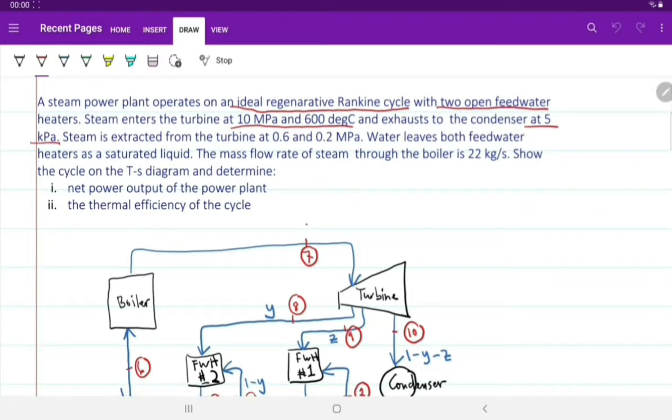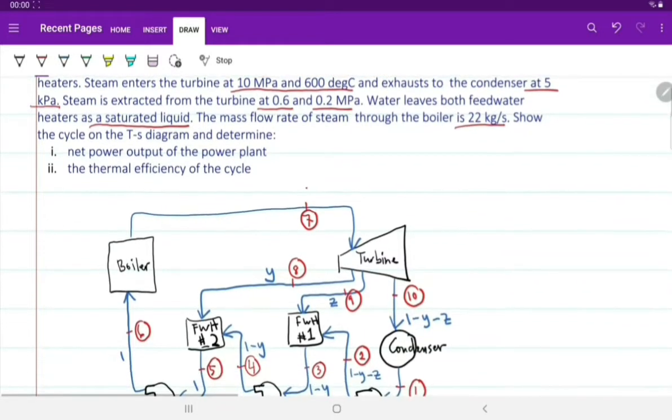Steam is extracted from the turbine at 0.6 and 0.2 megapascal. Water leaves the feed water heater as a saturated liquid. So this is the keyword there. The mass flow rate of steam through the boiler is 22 kg per second, so you have m dot.